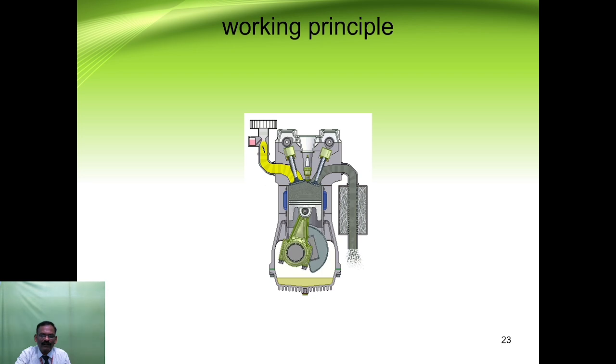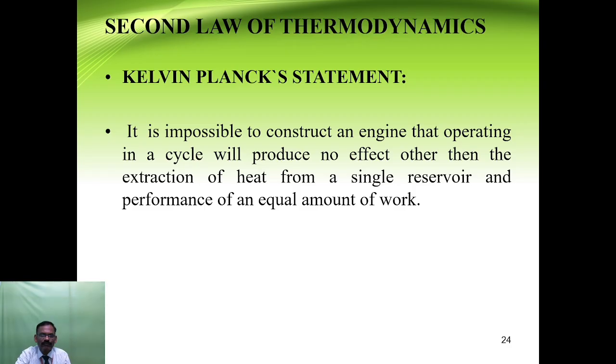This hot fuel produces hot gas. These hot gases are delivered through the exit port. Before that, it does the work. So this animation clearly explains the working principle of the IC engine.